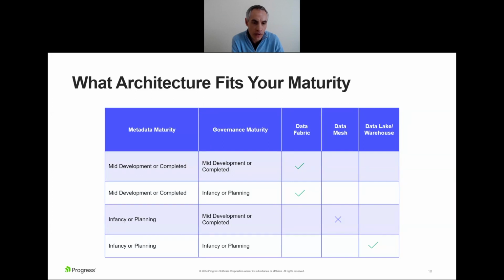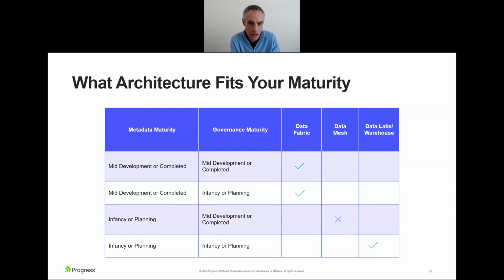If you have good governance, but you don't really have the maturity in metadata, then you're talking about lines of business, so go with a data mesh and work yourself up from there. And then if you get to the point where you have great metadata maturity, maybe migrate or upgrade to a fabric architecture.